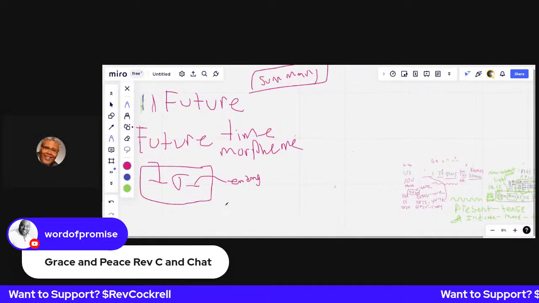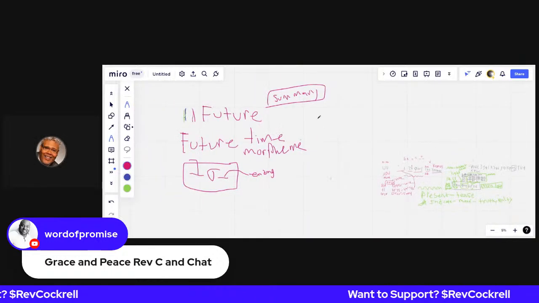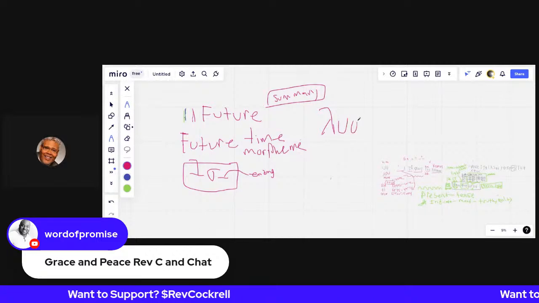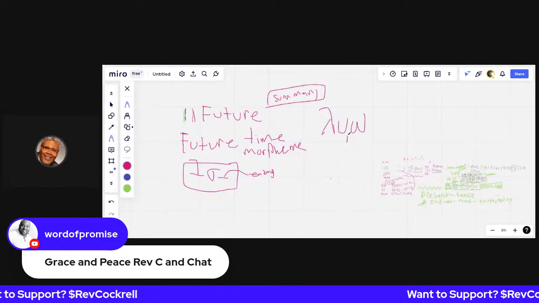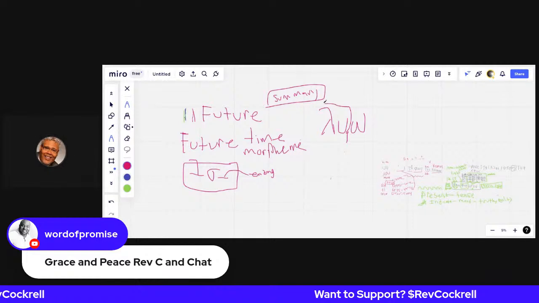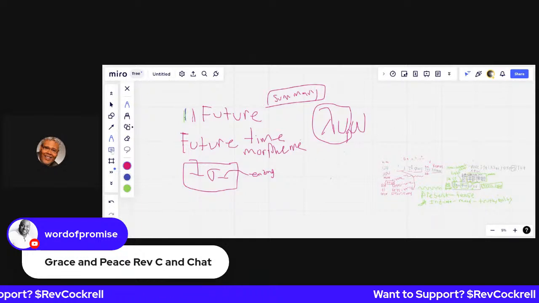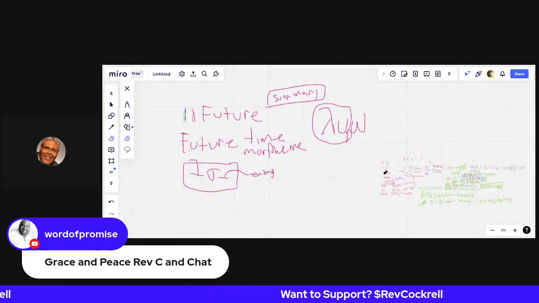Very simple. So the future, you're going to have your stem. So present tense. We'll look at present tense again. Lu, o. Notice there's nothing here. So here's your stem. There's nothing. So this is present tense. Future tense. Erase this.